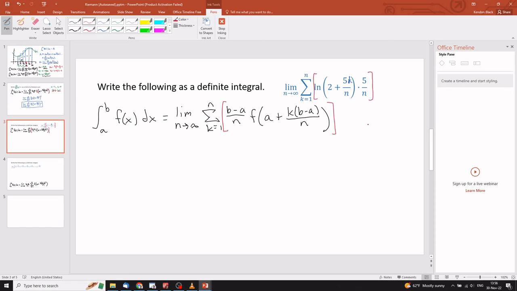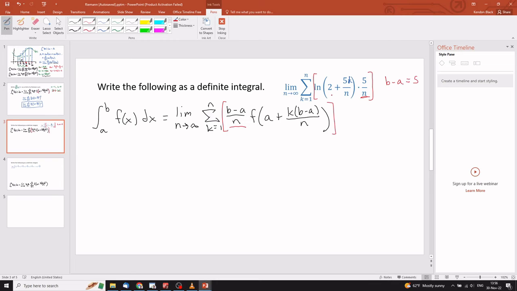and look for patterns. So the first thing I notice is that this 5 over n kind of looks like the b minus a over n. So I can conclude, if I'm right about that, that b minus a equals 5.